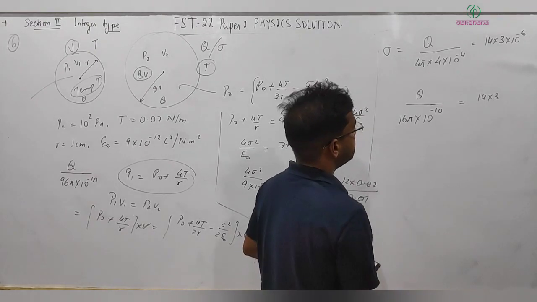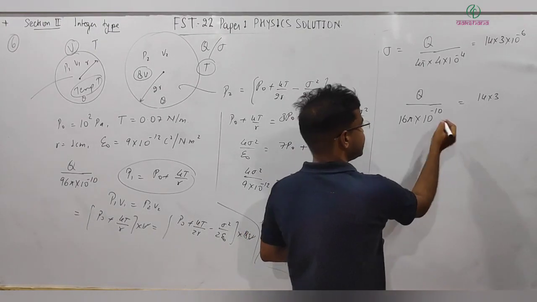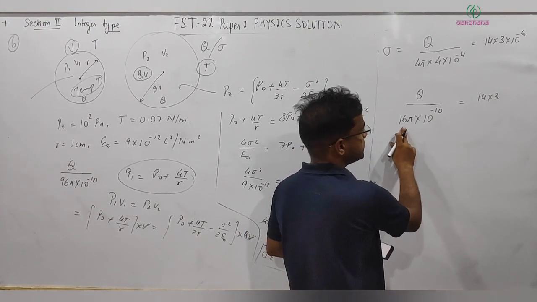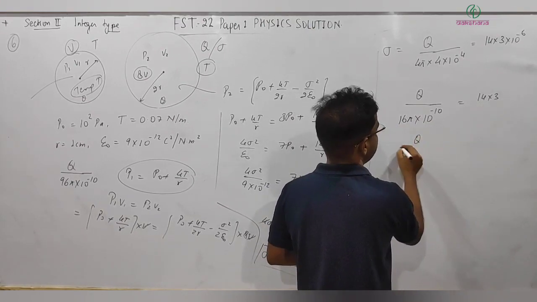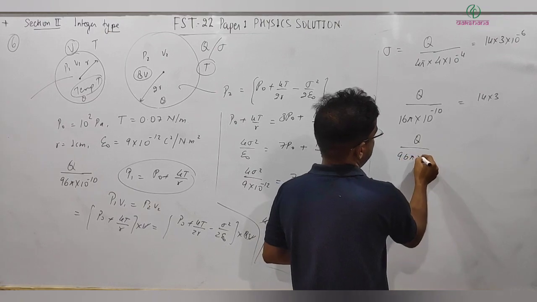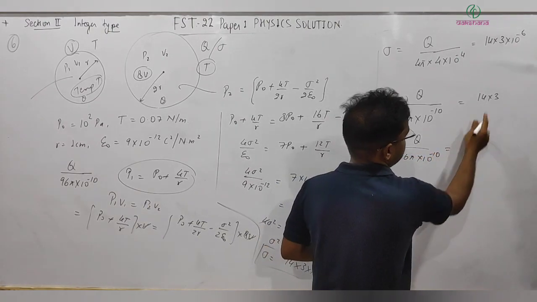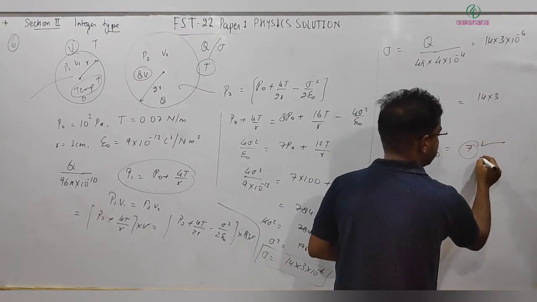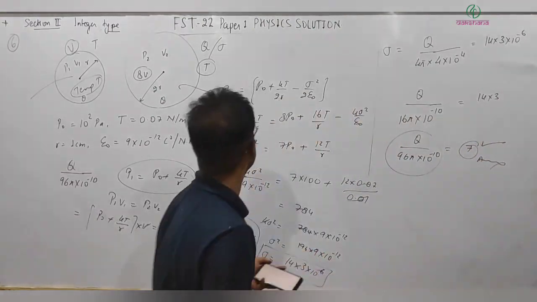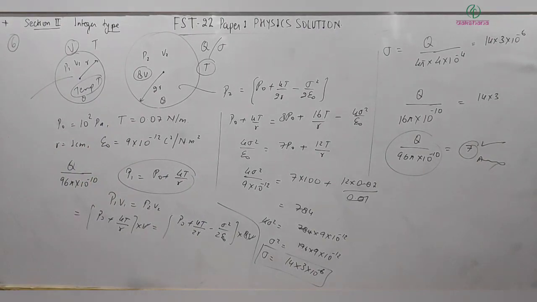Clear? We need to make it 96, so I need to divide by 6, so that it will be Q divided by 96 pi into 10 to the power minus 10. Then here it will be simply 7 remaining. So the value of this comes out to be 7, and this is your answer. And this is problem number 6.